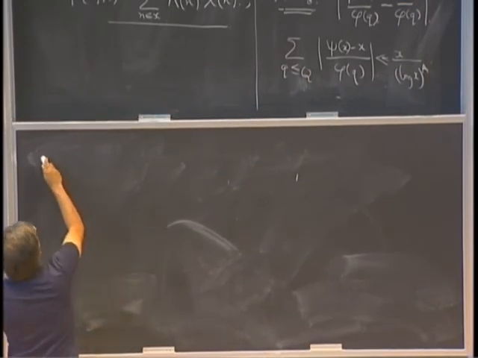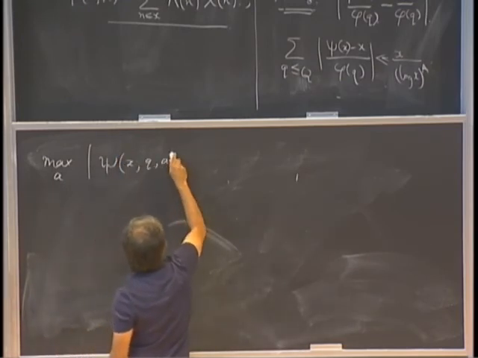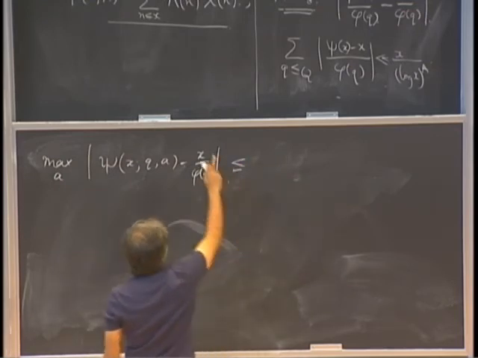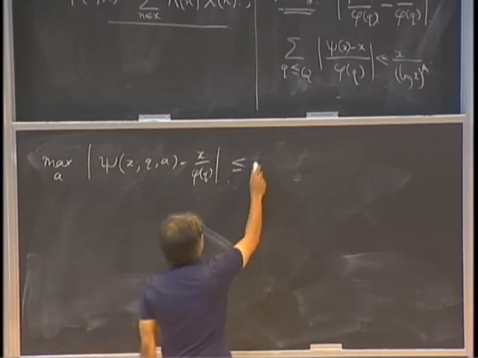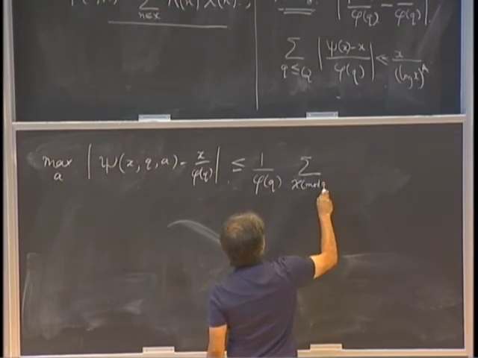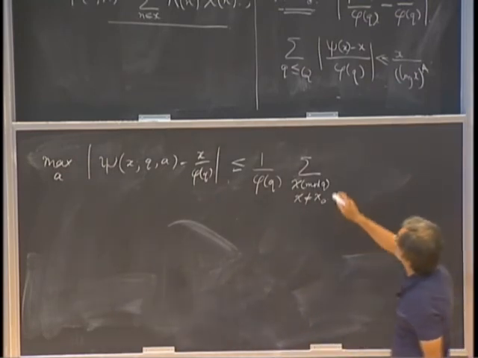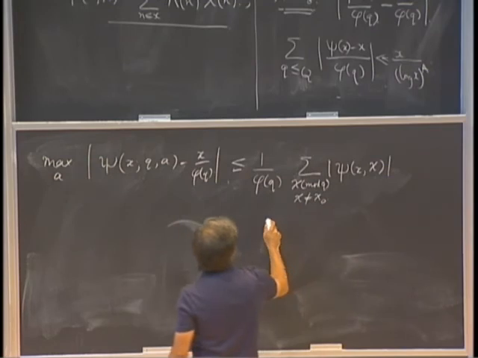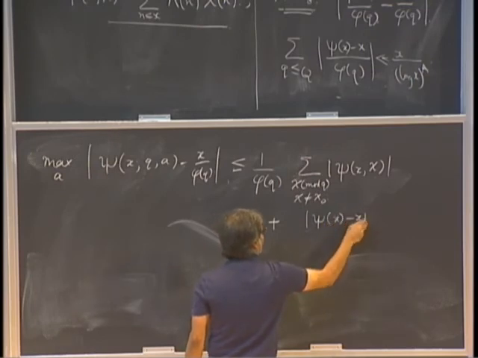What I can say is that the max over all a is clearly bounded, just using the triangle inequality and taking absolute values everywhere, by 1 over phi of q times the sum over all characters chi mod q, where I remove the principal character, so the trivial character has been removed, of psi(x, chi), plus this other term, which we just handled, something like psi(x) minus x divided by phi of q.